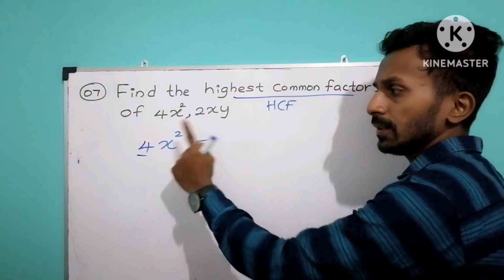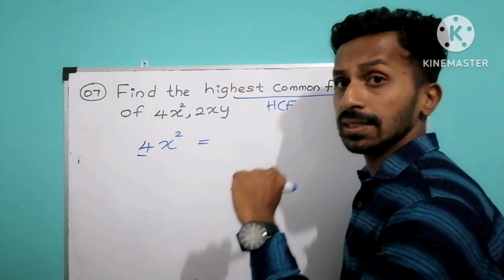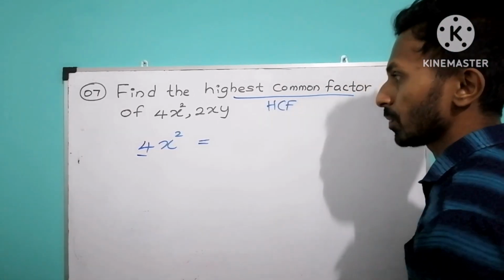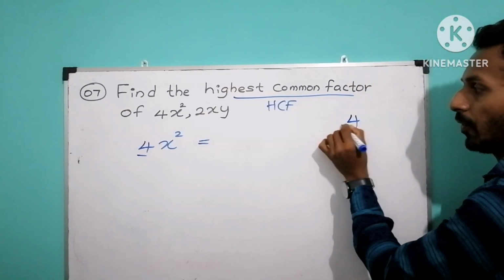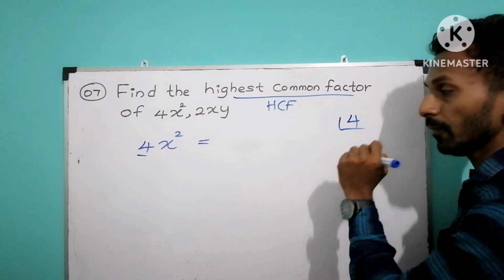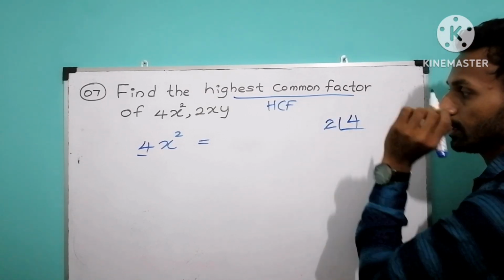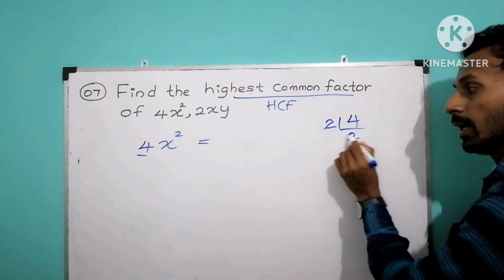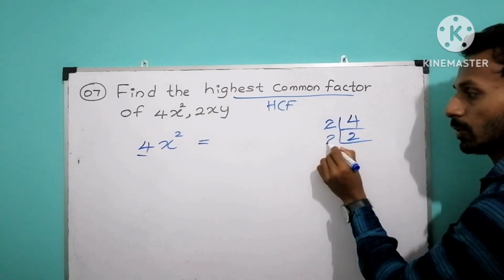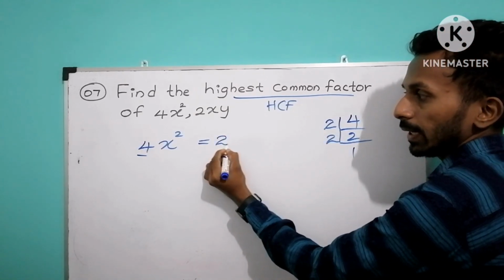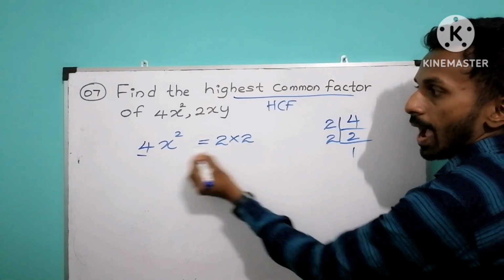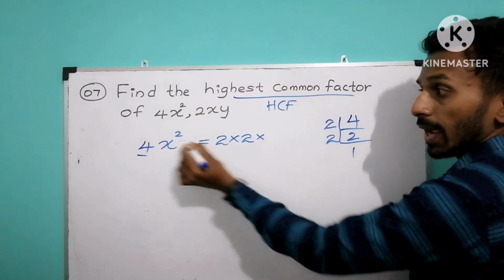We want to write 4 as a product of its prime factors. If it is difficult to find, you can divide 4 by the prime factors. Divide by 2, the answer is 2. Again we can divide by 2, then 1. You can write 2 into 2 and into x square.